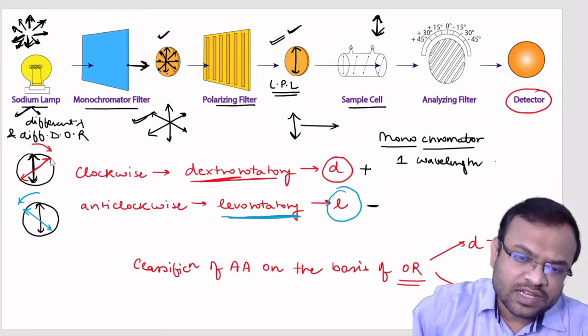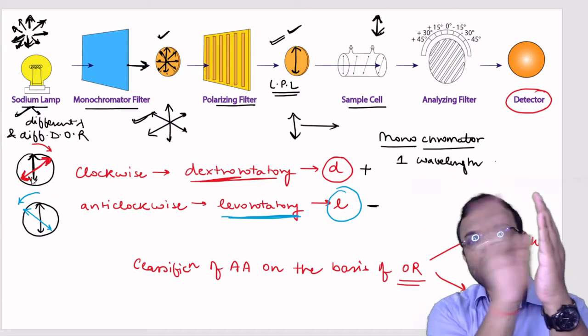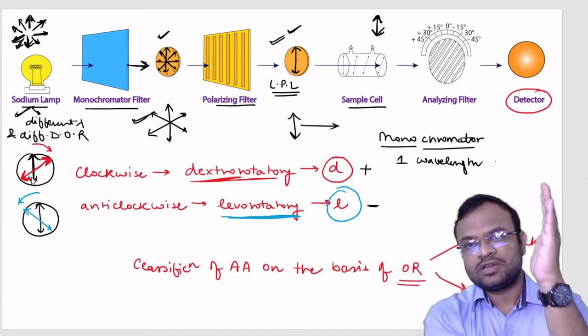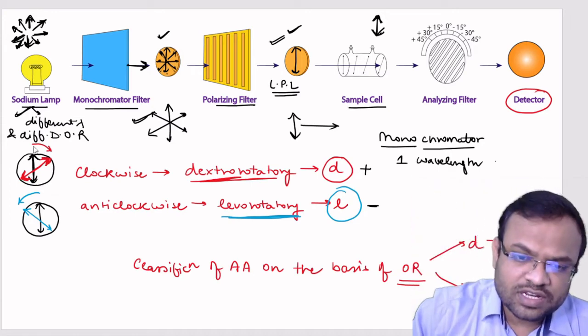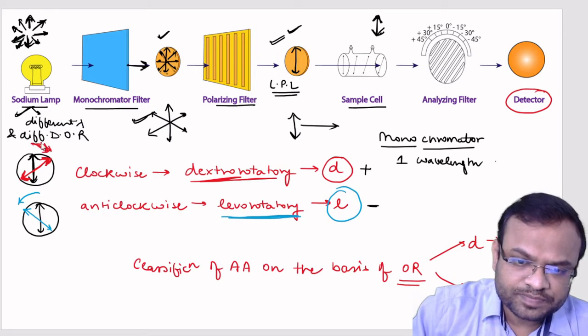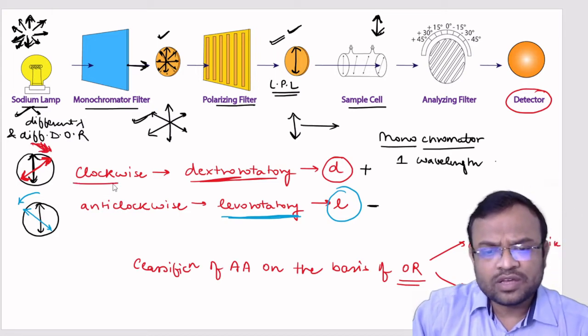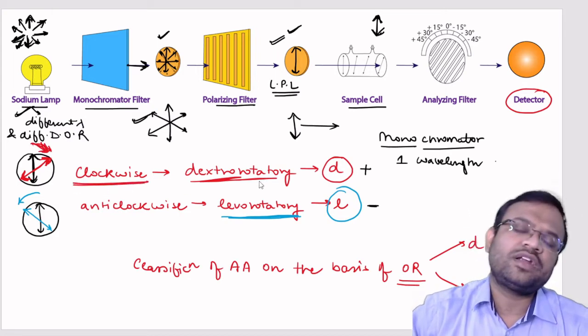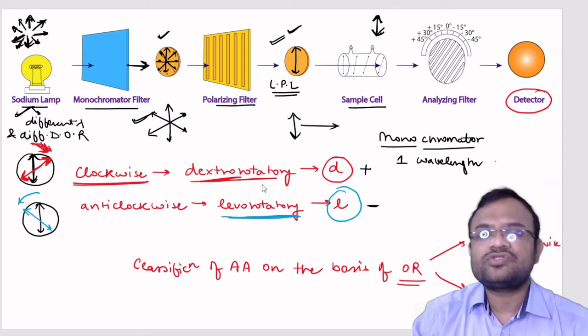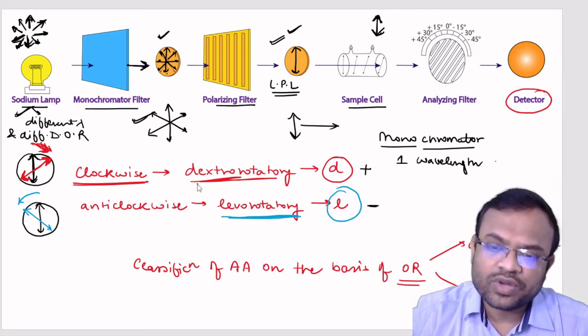In the red you can see the new direction of the light is now like this. That means the rotation is in clockwise direction. So when the rotation is in clockwise direction, you can understand that the solution is dextrorotatory.